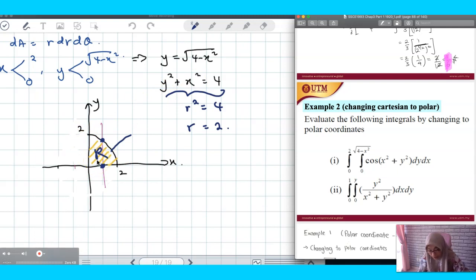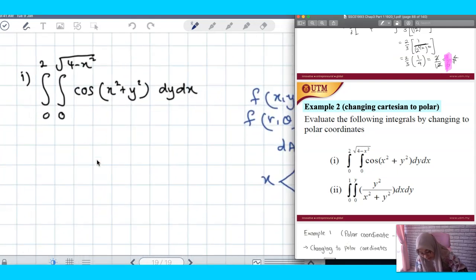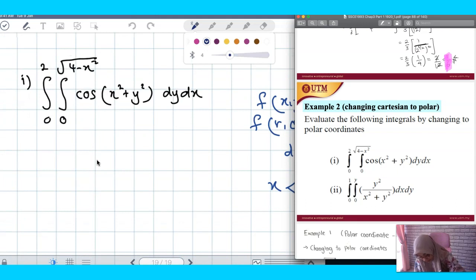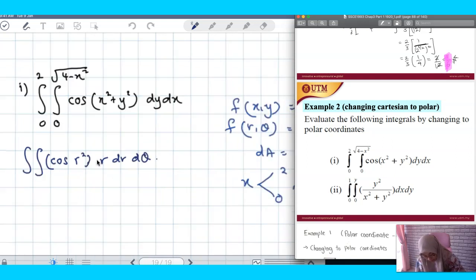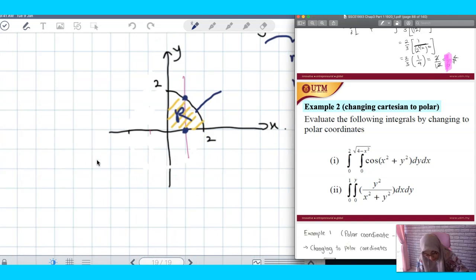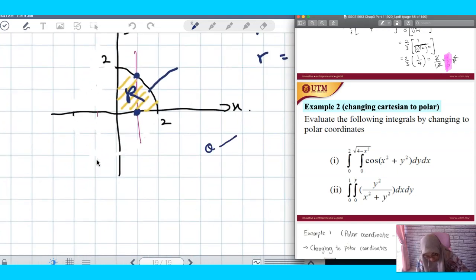So now, to solve this in polar, we can rewrite this into a polar equation. You have cos of r squared times r, dr d theta. So what are your limits? Limit of theta. Look at your region. You can see that your region is in the first quadrant.